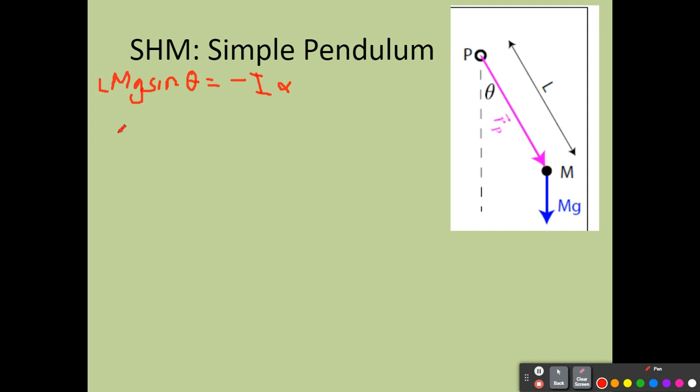So alpha is going to be d omega dt, which is the derivative of the derivative of d theta dt. So we get a second order differential or derivative for alpha.